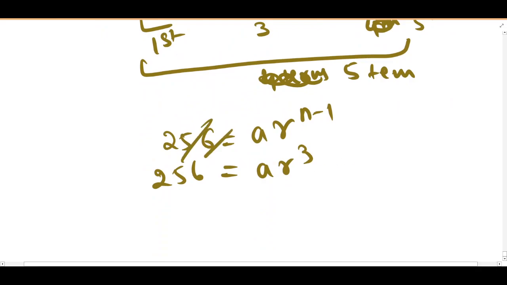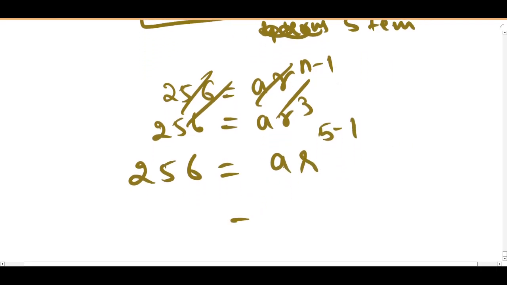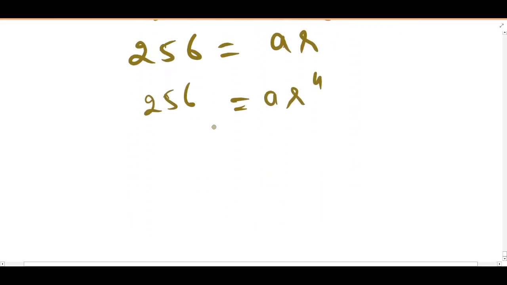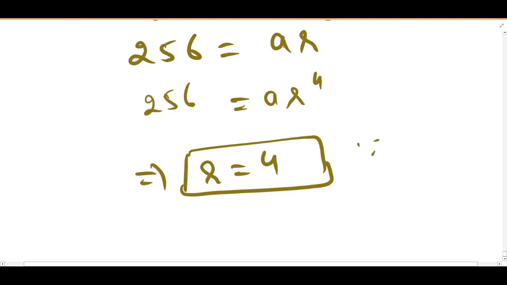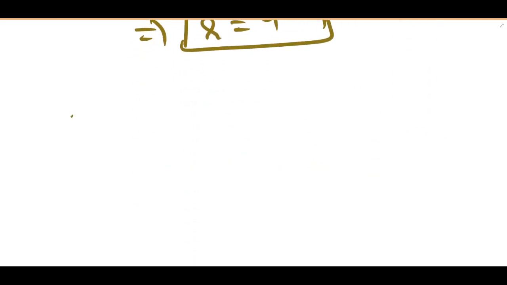So we get 256 is equal to a r^4 with a total of 5 terms. So here r is equal to 4 because a is equal to 1. So we have a common ratio of r is equal to 4.